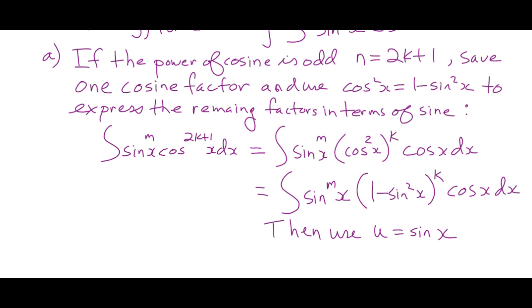And if both powers are odd, use a or b, your choice. Just choose one. Get it in terms of all sine with the cos x dx, or get it in terms of cos with the sine x dx. The important thing is that you've got one of these, either cos x dx or sine x dx. Do you want b written out, or will you just do your transposition?